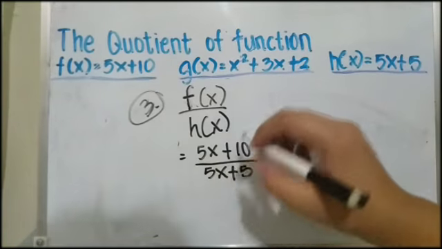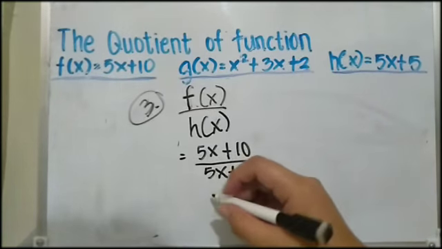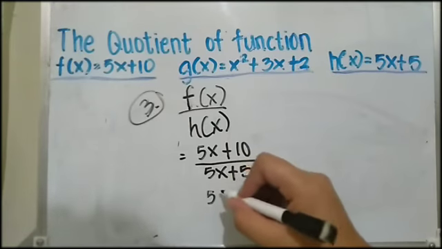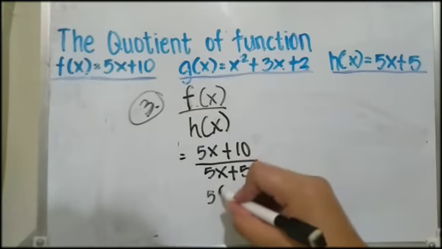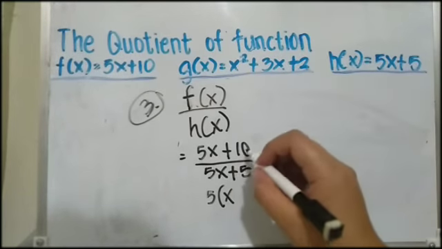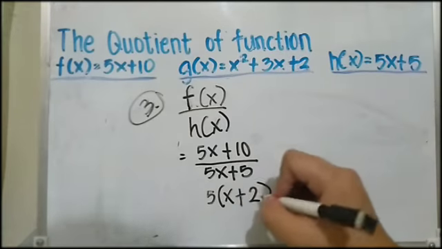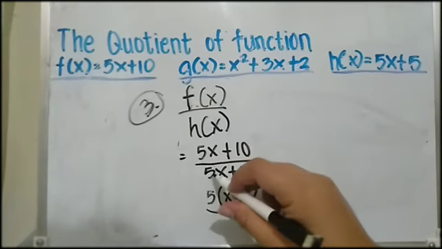The greatest common factor of the numerator is 5. So 5x divided by 5 is x, and 10 divided by 5 is positive 2.